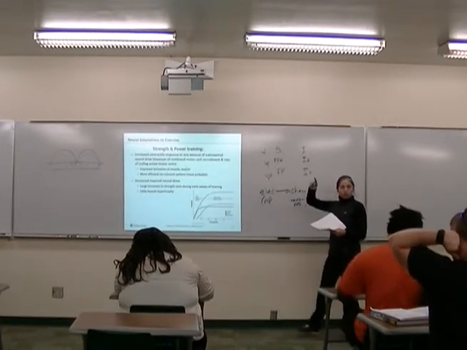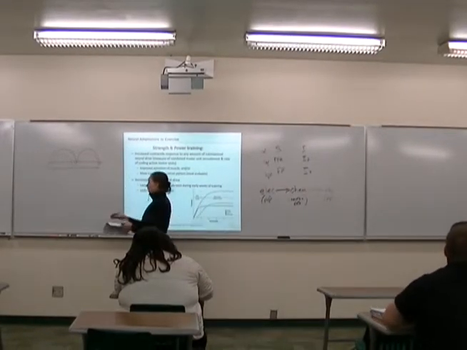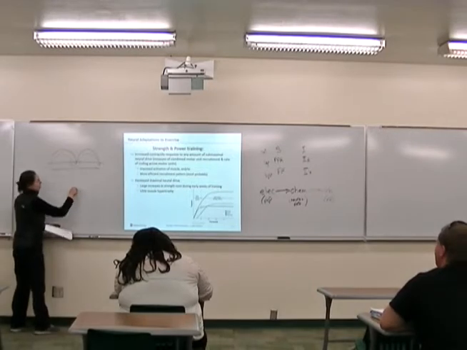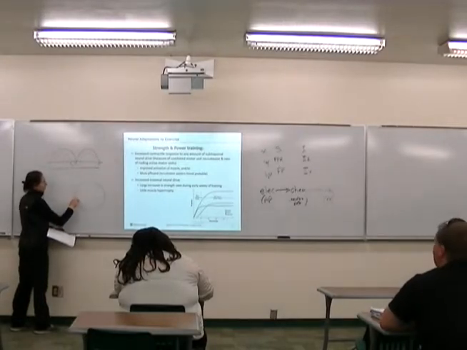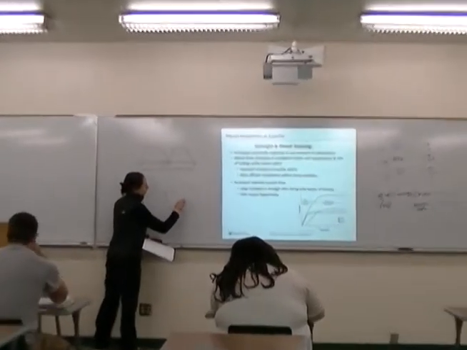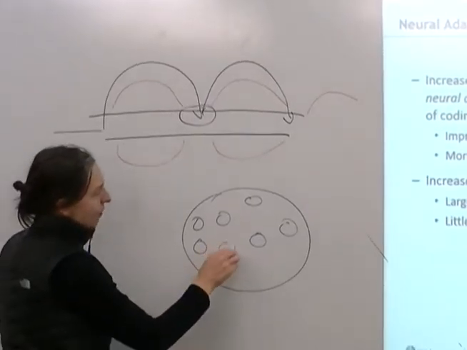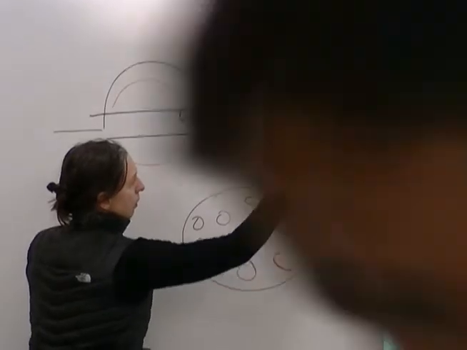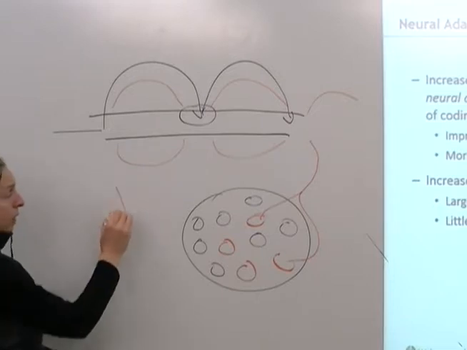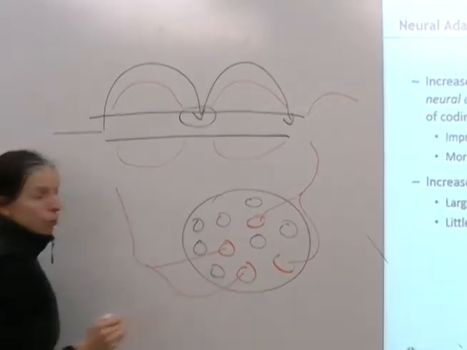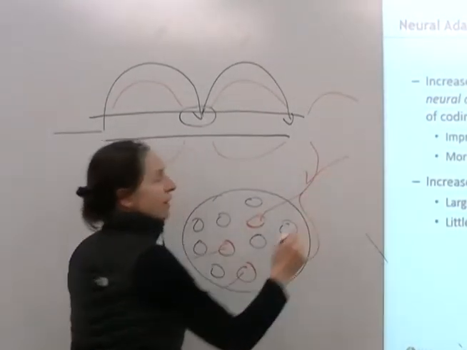Remember our picture? Our cross-section. In our cross-section, we've got all those different muscle fibers. So if I have a nerve that's turning on those 2, and another nerve that's turning on those 2, then when I'm a beginner, maybe I only activate that one.